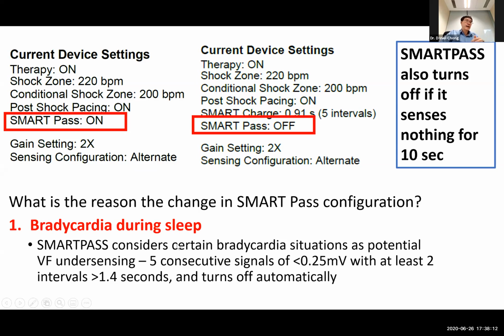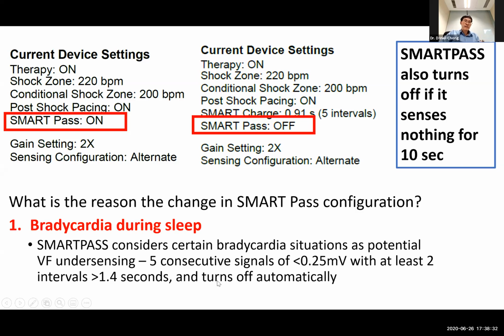And on top of that, SmartPass also considers certain bradycardia situations as potentially VF undersensing. So if there are 5 consecutive signals of less than 0.25 millivolts with at least 2 intervals of 1.4 seconds or above, it will turn off automatically.